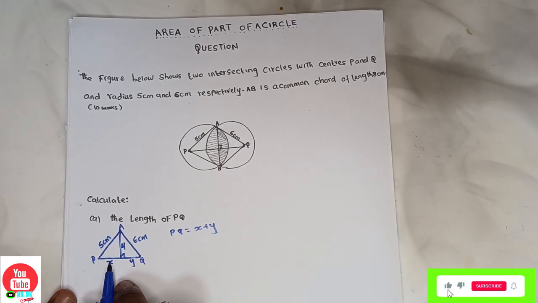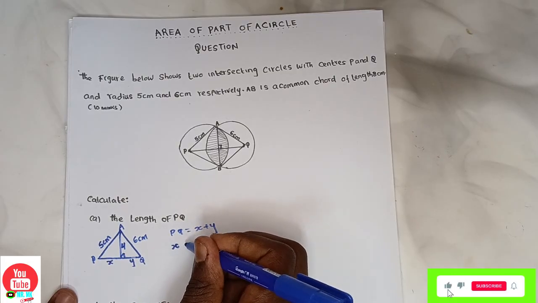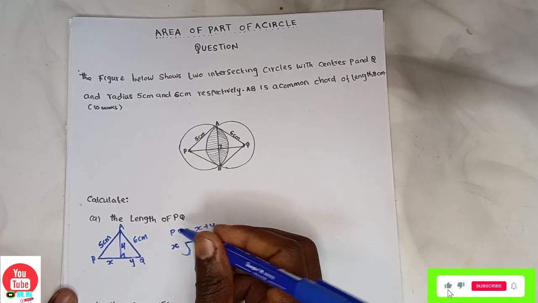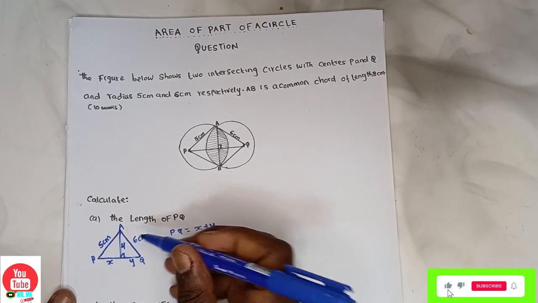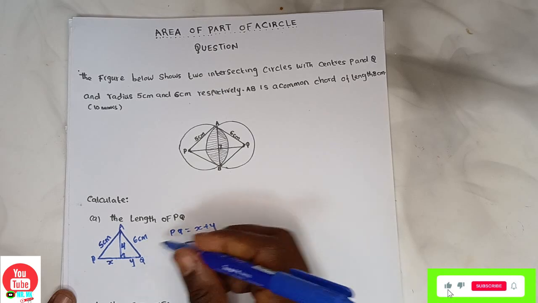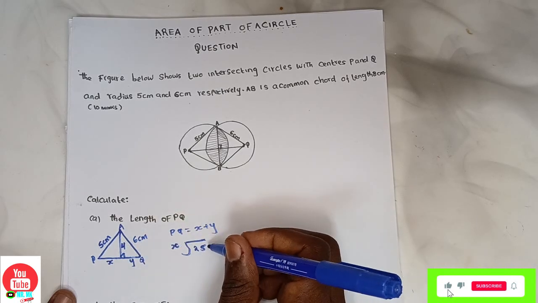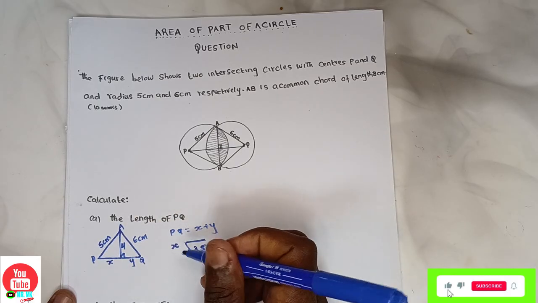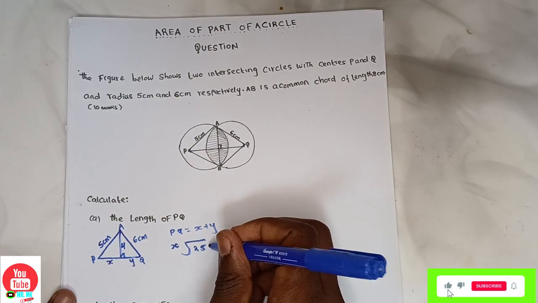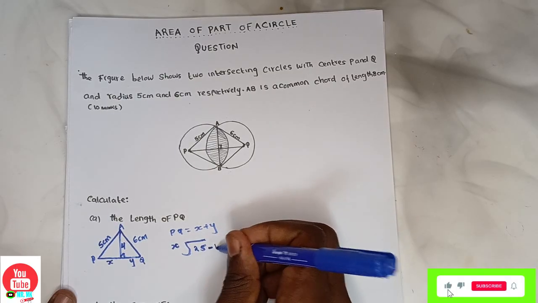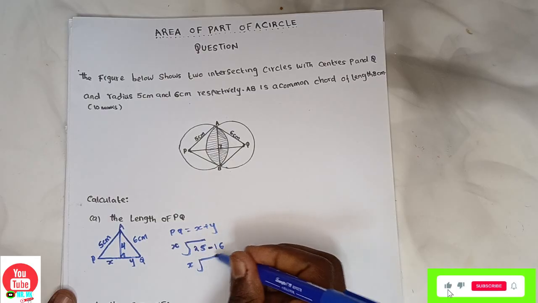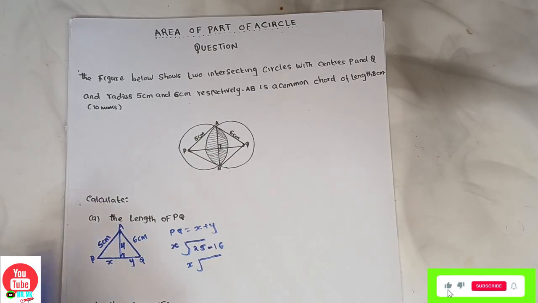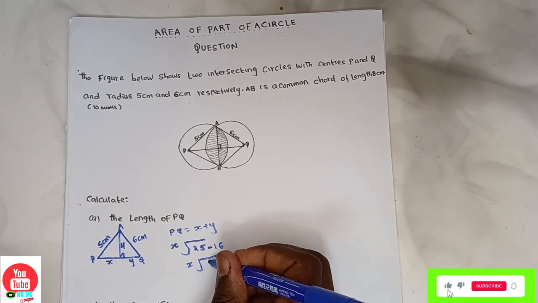Now for the case of X, using Pythagorean theorem, the square of 5 is 25 and the square of 4 is 16. X will be the square root of 25 minus 16. 25 minus 16 is 9.